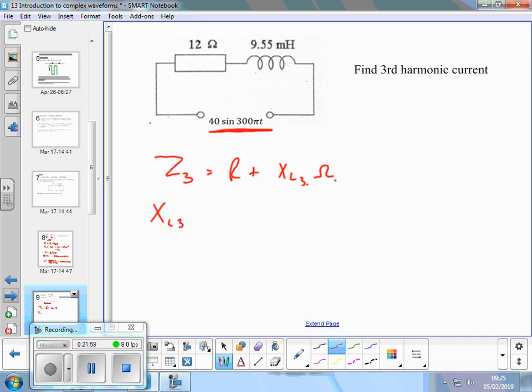I'm calling it 3 because that's the third harmonic. Omega 3 L, which is 300 pi times 9.55 times 10 to the minus 3.